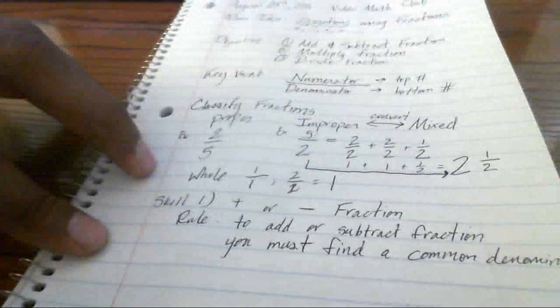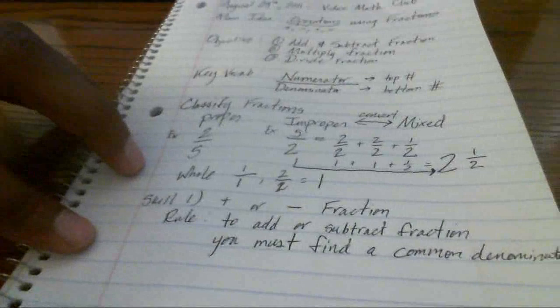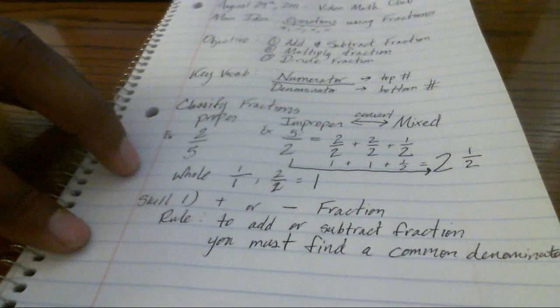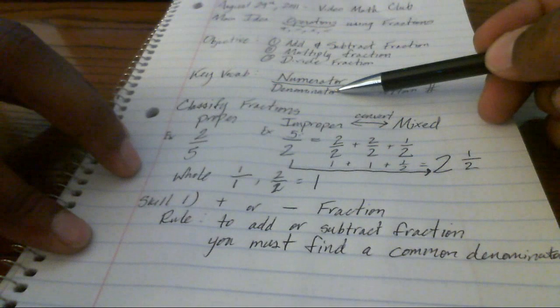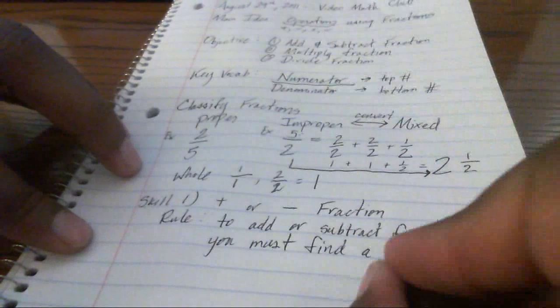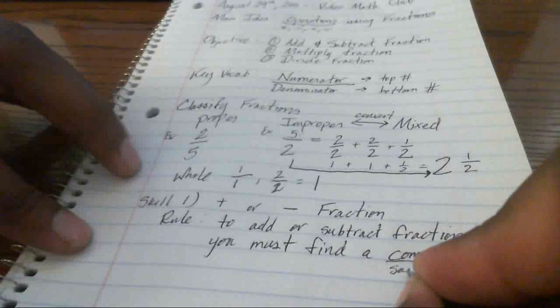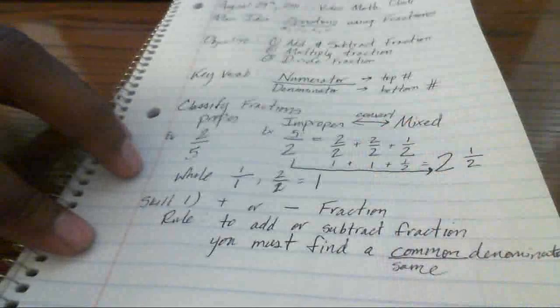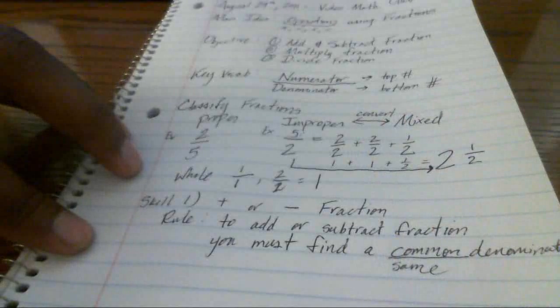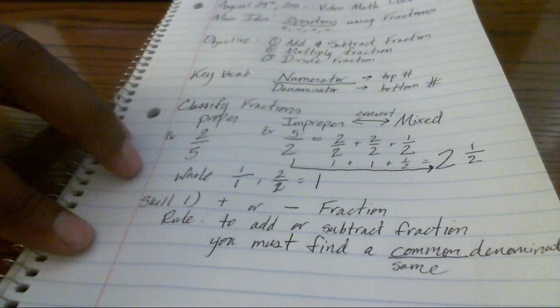So what does that mean? That means that the bottom number of a fraction has to be the same. Common just means same, right? So if I'm going to add or subtract some fractions together, I have to figure out a way to find a common denominator.